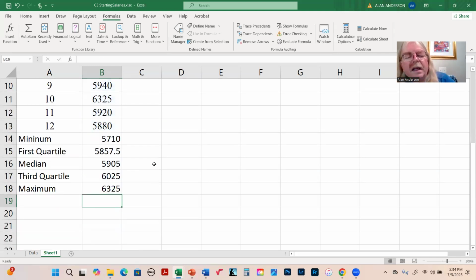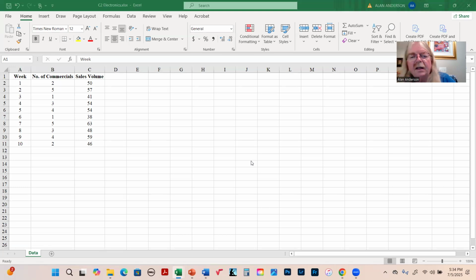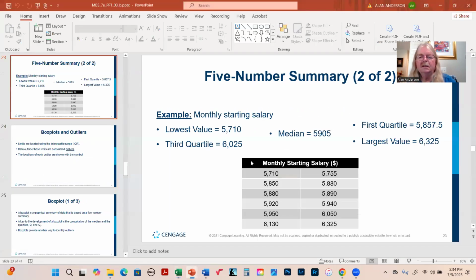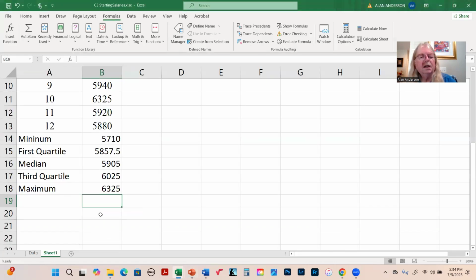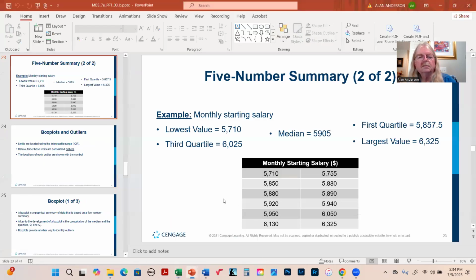That's it. So then this graph that they're going to have us do, let's make sure we got the same numbers. Yeah, we got the same numbers. Good.